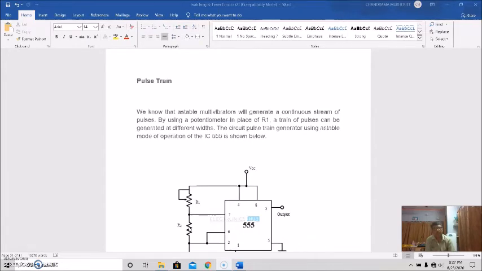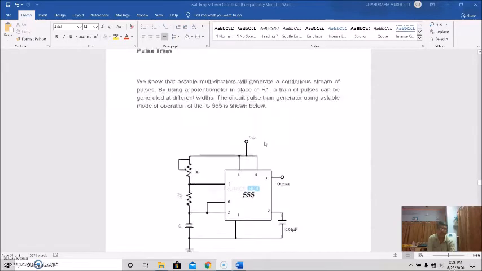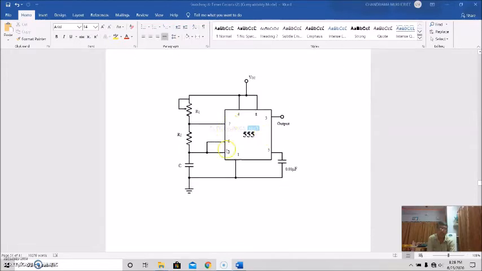So by changing this R1, the duty cycle can be changed, and the train of pulses can be generated at different widths. The pulse train generated using Astable mode of operation is shown here. Same, only R1 is replaced by a potentiometer. Clear?